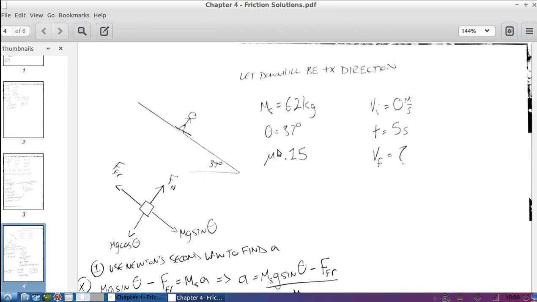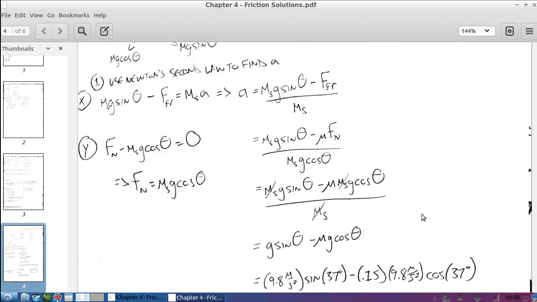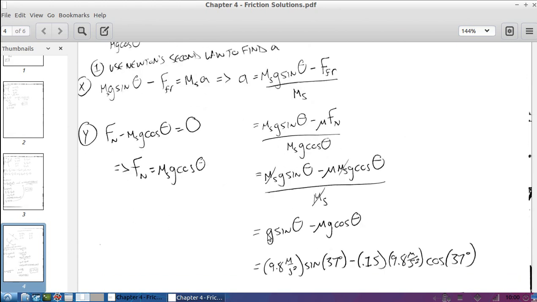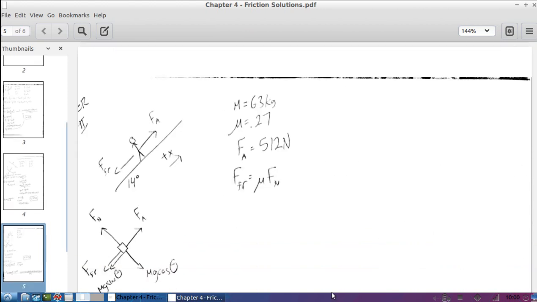I don't give you numbers, but I give you variables. I'll give you numbers later and then you can plug them in. But be comfortable getting to this step. Derive an expression for the acceleration of the system using only variables that you know. We all know what g is. We were given theta, we were given mu. Good practice. It's not always about the numbers.